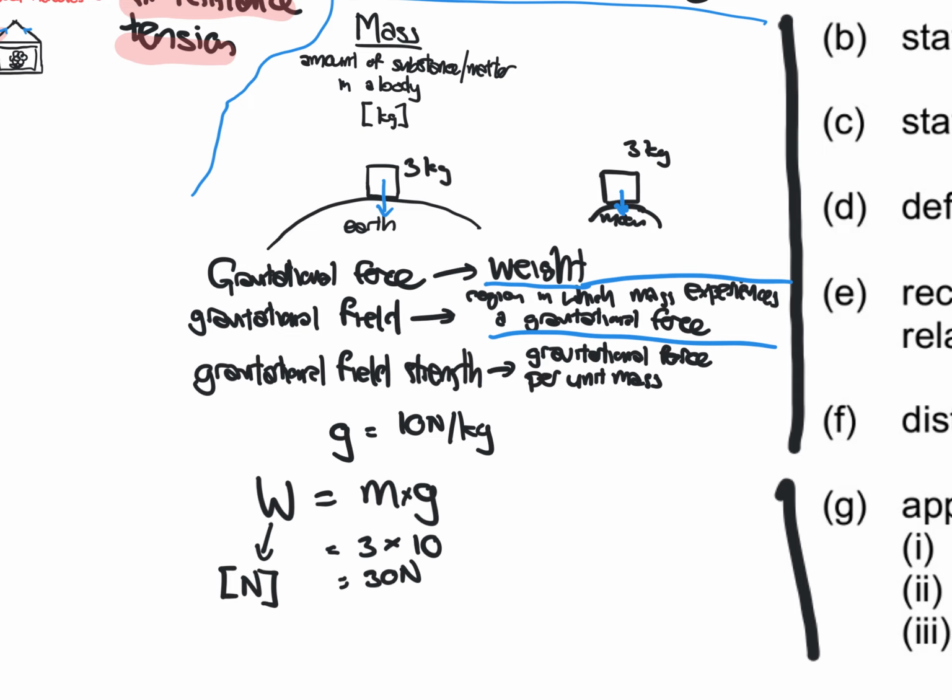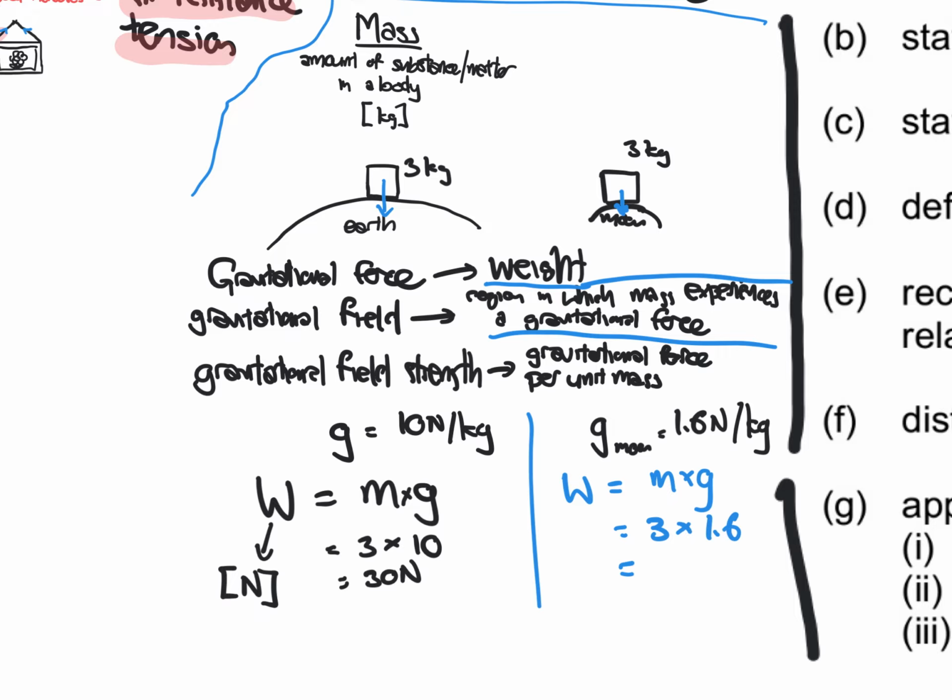Here's the thing though, if I were to tell you that the g of the moon, so I'm just going to subscript moon, g on the moon is 1.6 newton per kg. That is to say, for every kg on the moon pulls 1.6 newtons only, which is to say, the weight on the moon, using the same formula, m times g, the mass didn't change, it's still 3 kg, but the gravitational field strength is now 1.6, and that gives us a very different weight.